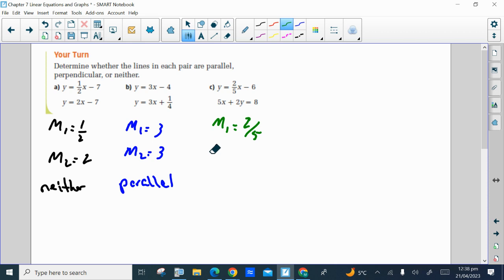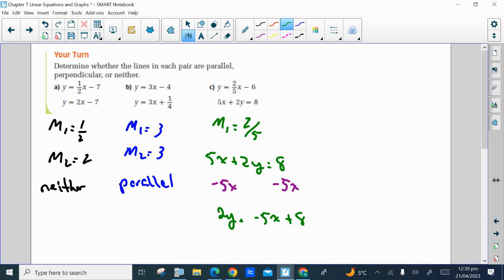We need to get positive y by itself. So if we start with the original equation, I would subtract the 5x from both sides because the y term is positive, positive 2y. The 5x is negative on the right, so I'll write it as negative 5x. The reason I put it there is because y equals mx plus b. Normally we put the x term first. You don't have to, but normally that's how we write it.